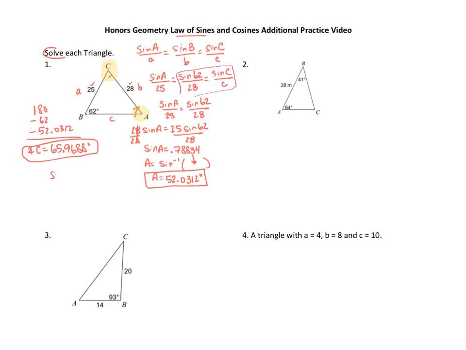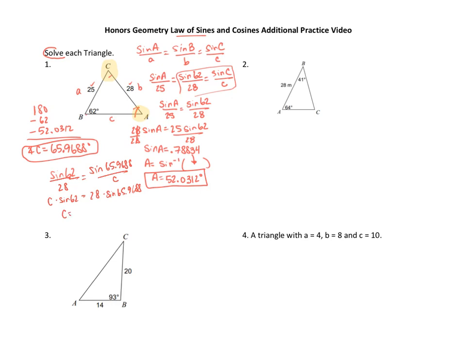So I'll say the sine of 62 over 28 equals the sine, and I know what angle C is, at 65.9688 over little c. Again, to cross multiply and solve, c times the sine of 62 equals 28 times the sine of 65.9688.